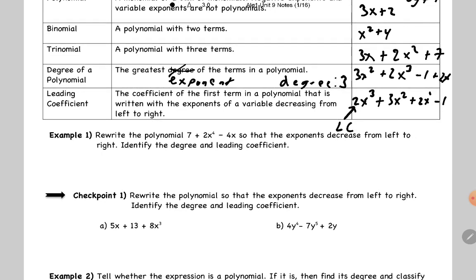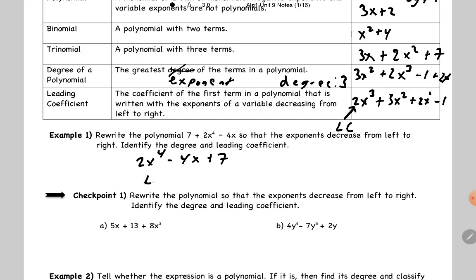Alright, example 1. Rewrite the polynomial so that the exponent decreases from left to right. Identify the degree and the leading coefficient. Okay, so the highest exponent is 4, so we'll write that term first, 2x to the 4th. The next one would be 4x, and then plus 7.